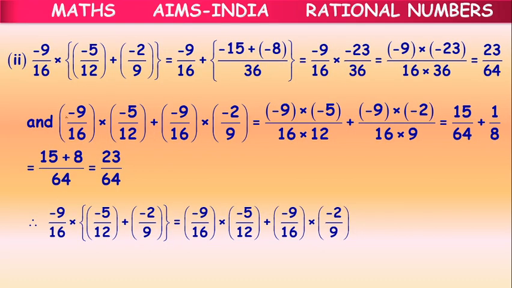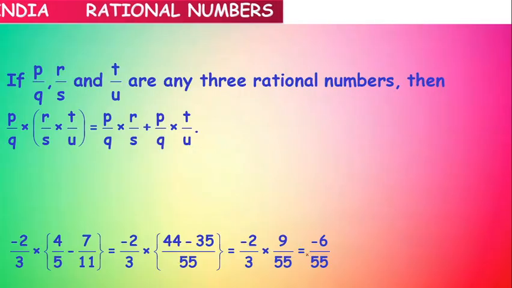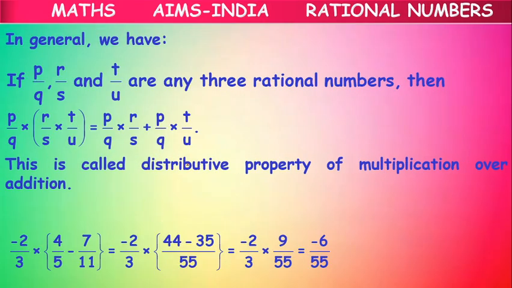Okay, children. Like this we can see many number of examples. But if you add then multiply, or if you multiply then add, both result will be the same. What does it mean? If we have three rational numbers, if we add and multiply, or if we multiply and add, both the result will be same.